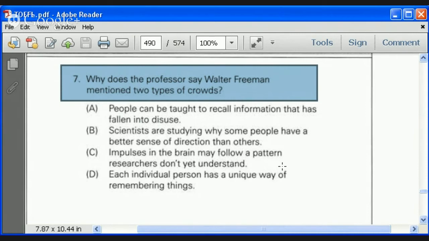Walter Freeman, two different kinds of crowds in the train station. One in the train station, one just people frightened, and how disorderly it looks.